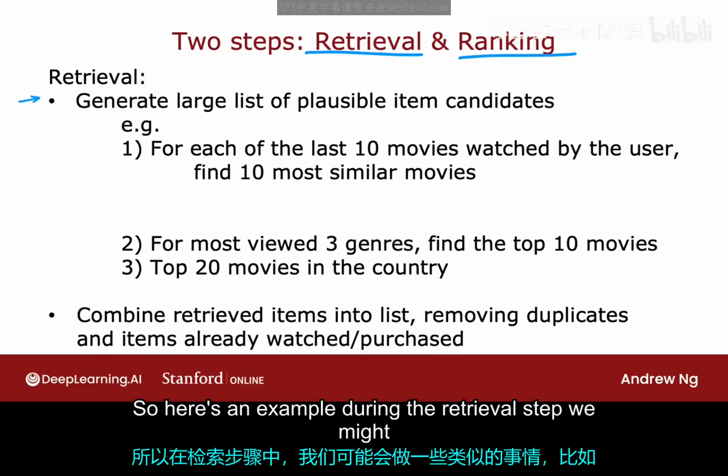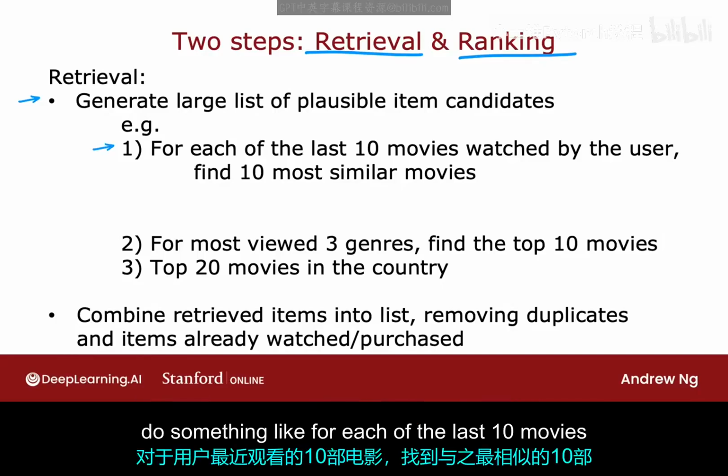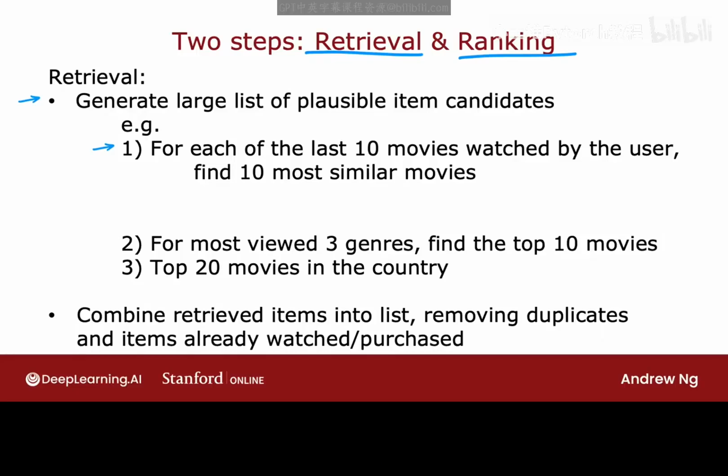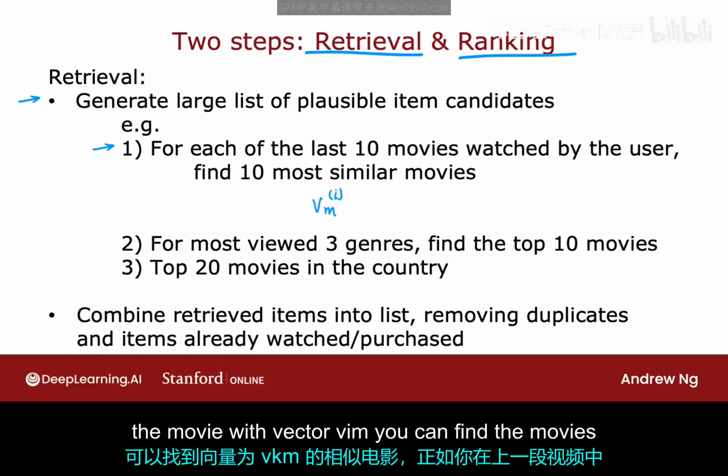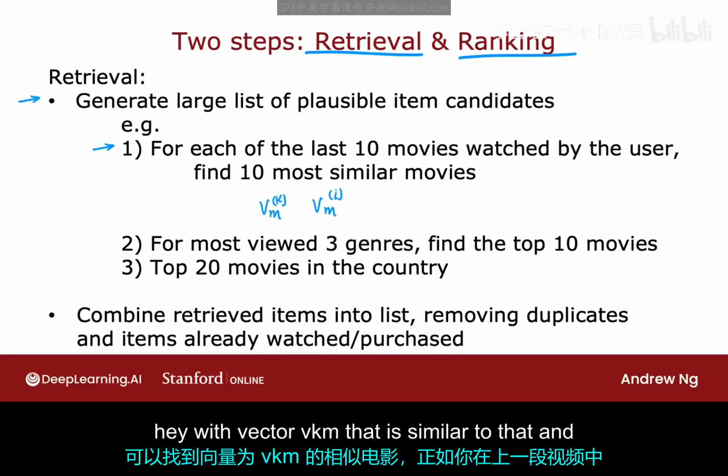So here's an example. During the retrieval step, we might do something like, for each of the last 10 movies that the user has watched, find the 10 most similar movies. So this means, for example, if a user has watched the movie i with vector v_m^(i), you can find the movies k with vector v_m^(k) that is similar to that.